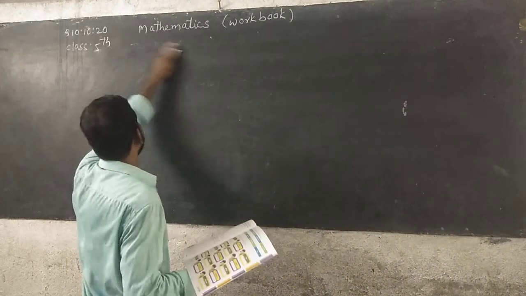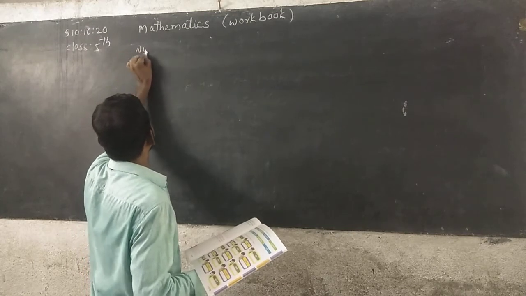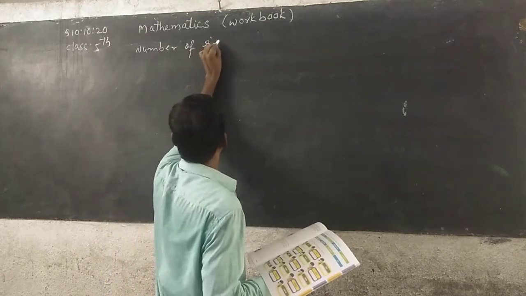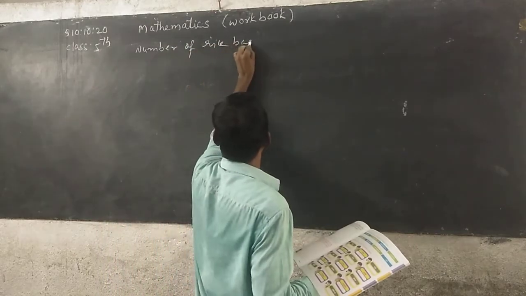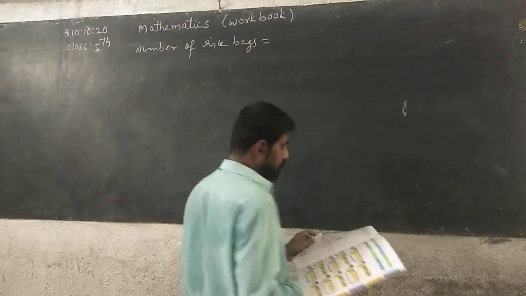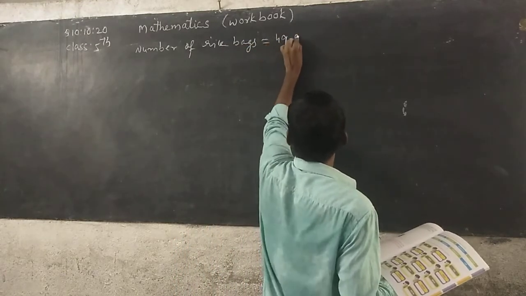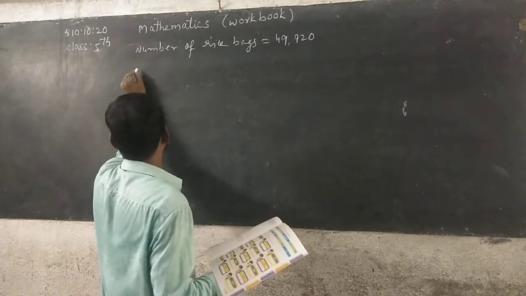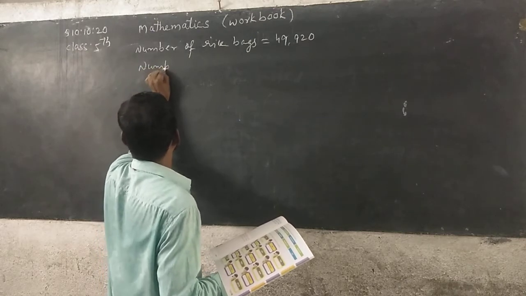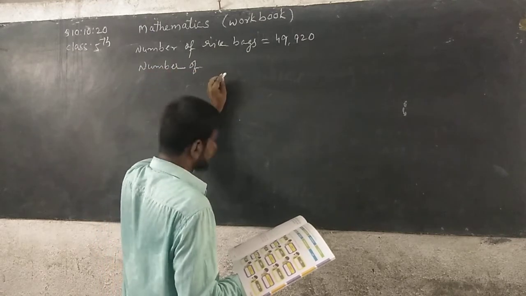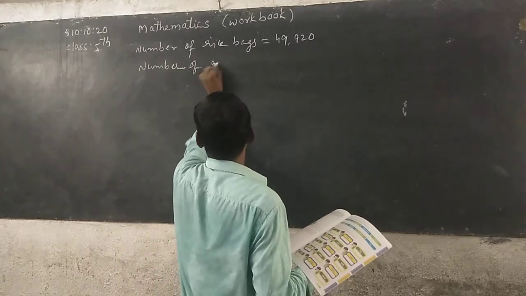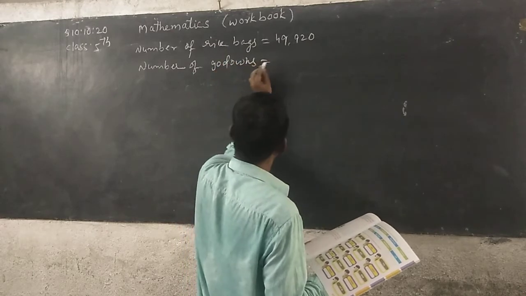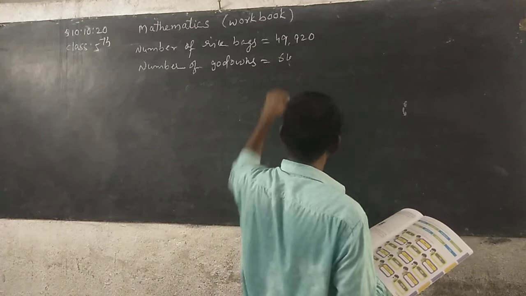Here, number of rice bags is equal to 49,920. Number of godowns is equal to 64.